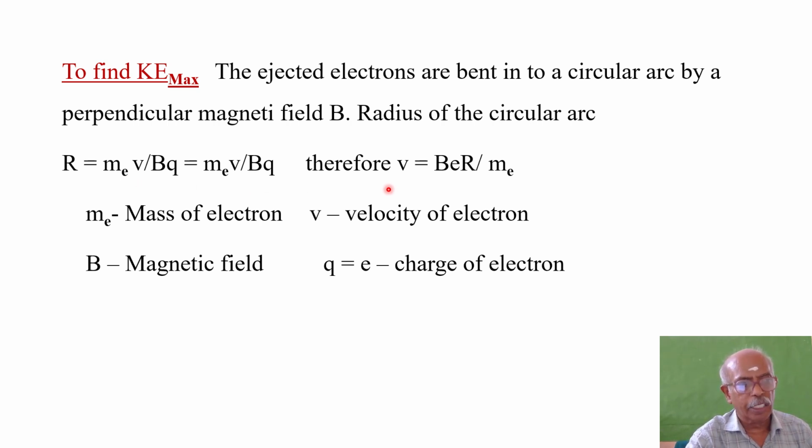Therefore v is equal to BQR divided by m. Already told you that instead of Q, you can use the symbol e, the charge of the electron. So v is equal to BeR by m_e, where m_e is the mass of the electron, v is the velocity of the electron, B is the magnetic field, and Q or e are both the charge of the electron.